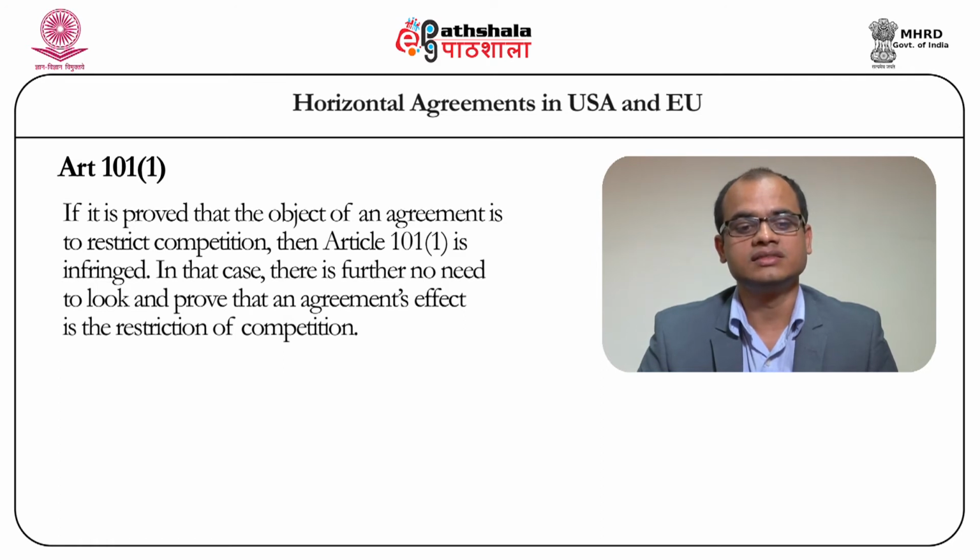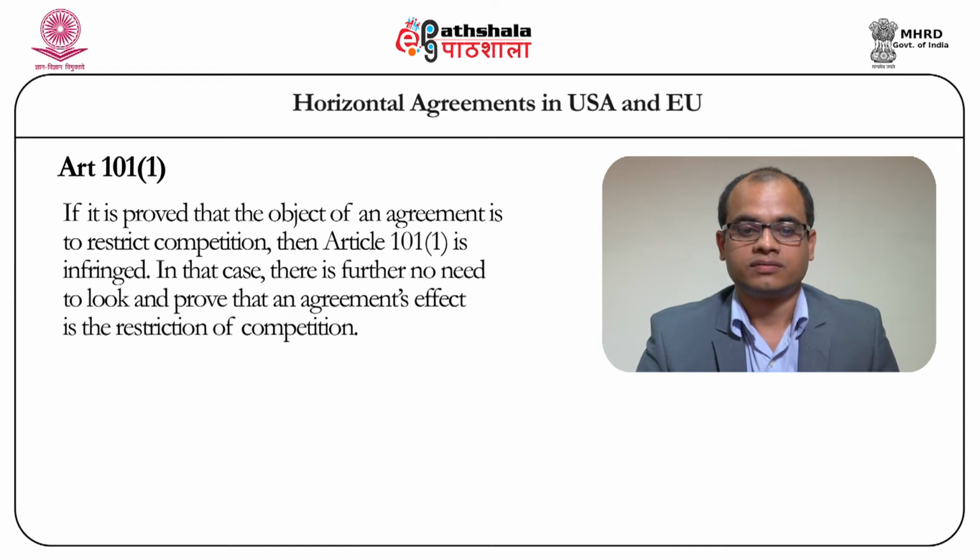The second step comes into play only when the agreement is found restrictive, and it deals with Article 101 Clause 3. There we need to determine the pro-competitive benefits, if any, produced by such agreements, and then balance the negative effects on competition against the pro-competitive effects.